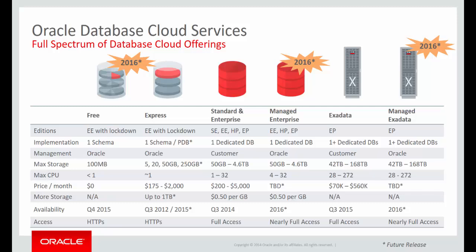Last on this slide, again coming in 2016, is our Managed Exadata service. Very similar to the Managed Enterprise Database Cloud Service, with the Managed Exadata Cloud Service, we will be your DBA. So we will manage and monitor that Exadata Cloud Service, and all you need to worry about is running your mission-critical applications or data warehouses.